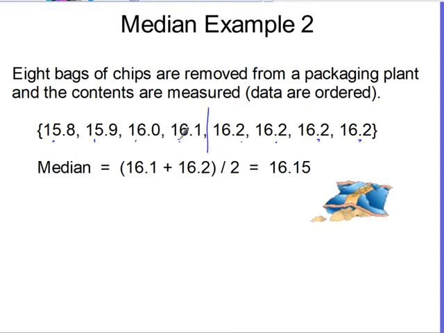So you take the average of the 2 middles, add them up, divide by 2, and the median is 16.5. This is what I was talking about a couple slides prior. 16.5 isn't a number that's in this data set, but that's fine. That's still the median of those 8 things.